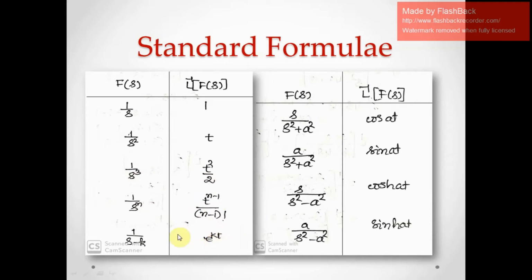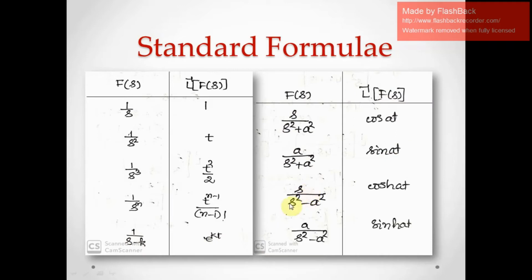L of e power kt was 1 by s minus k. Similarly, L inverse of 1 by s minus k will be e power kt. L of cos at was s by s square plus a square. So L inverse of s by s square plus a square is cos at. Similarly, L inverse of a by s square plus a square is sin at.